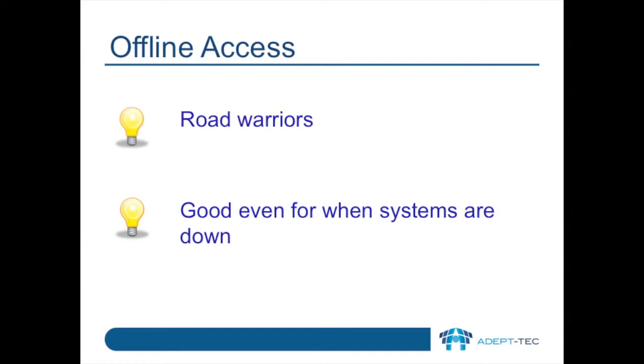This lends itself best to road warriors who need access to emails, perhaps considerably old emails, from laptops at non-corporate locations. Of course, the benefit is not just for road warriors, as this offline access even helps if systems are down or over poor network connections, since some or all of the data is stored locally on your machine.